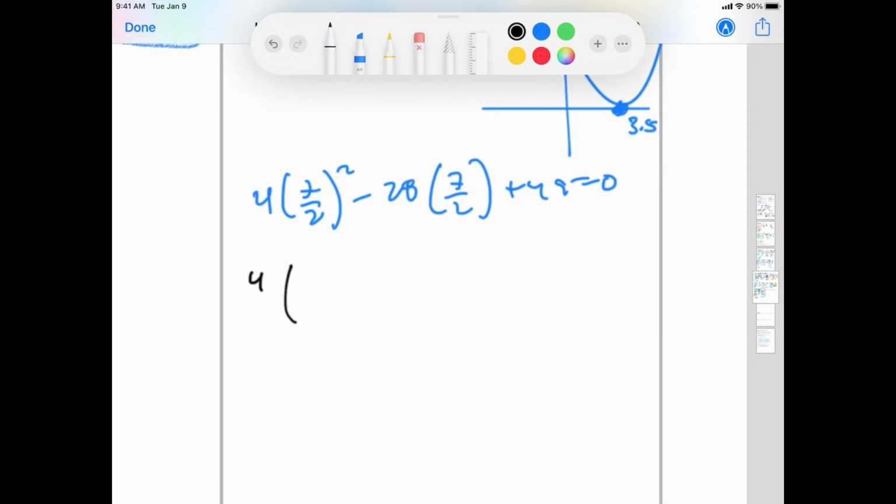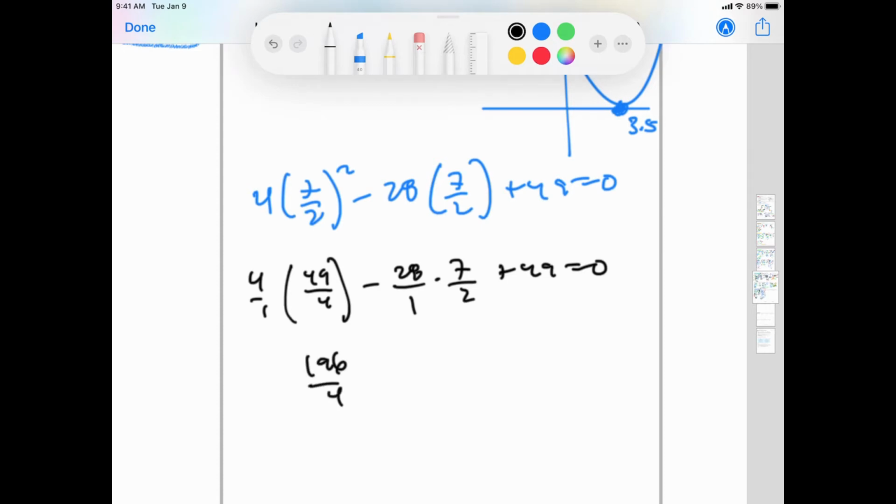So this will give me 4 times 49 over 4, minus 28 times 7 halves, plus 49. So this will get me 49 times 4, 196 over 4, minus 28 times 7, 196 over 2. 196 over 4 minus 196 times 2 is 392.